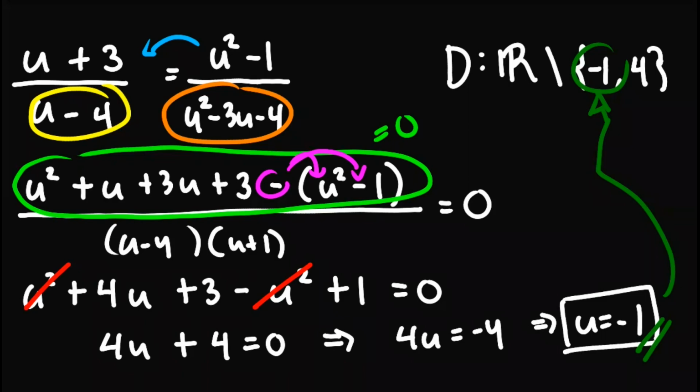Therefore, we can't consider u equals negative 1 out here. It is extraneous, and thus the solution for this one is no real solution. So that is the answer for this one.